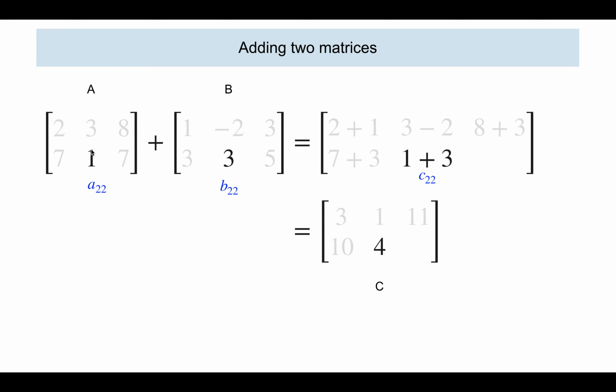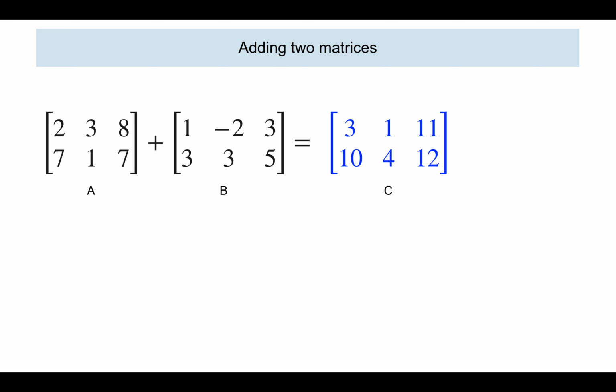C22, so it's A22, which is 1, B22, second row, second column is 3, so C22 is 1 plus 3 is 4. And the last element, so you take A23, second row, third column, plus B23 is equal to C23. So 7 plus 5 is 12.